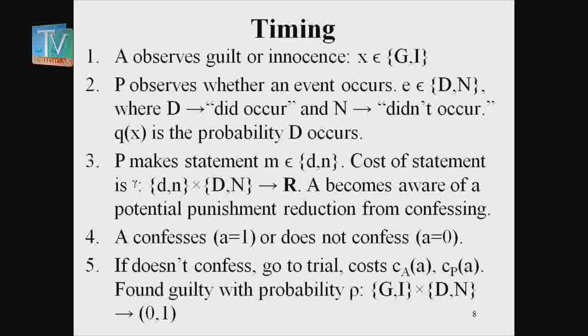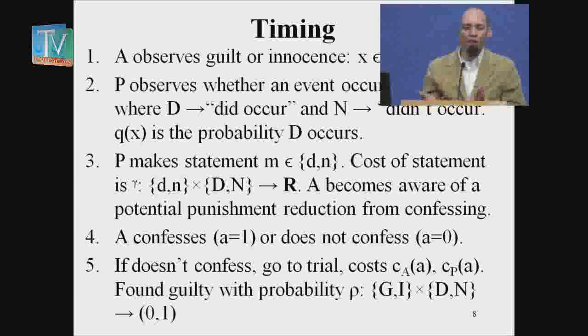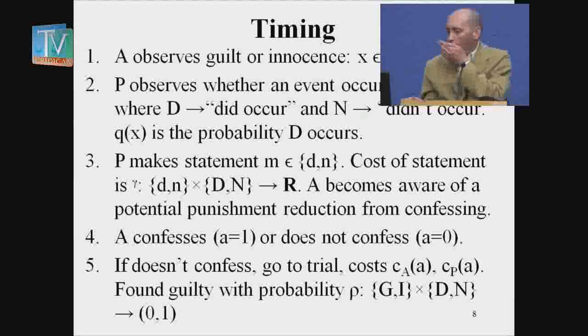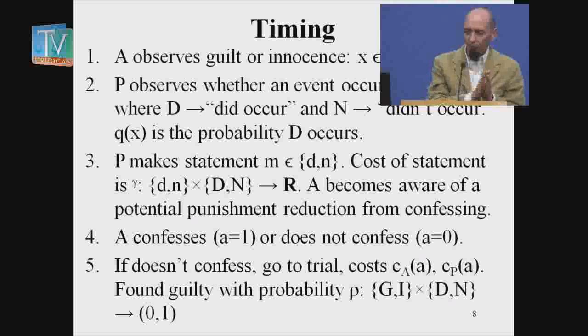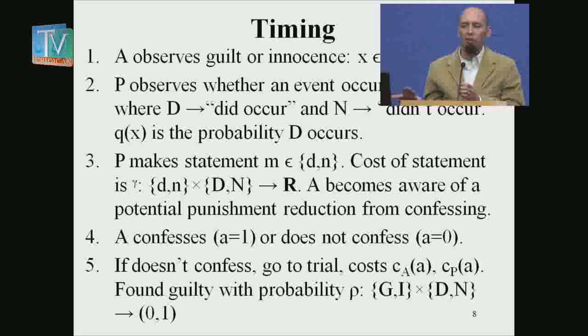Okay, so then after observing whether she has the evidence or not, the police officer gets to make a statement. And we could think about this as just making a statement about whether she has the evidence. And she's going to make this statement to the accused. So the notation there is just saying that we could have a cost to making the statement.